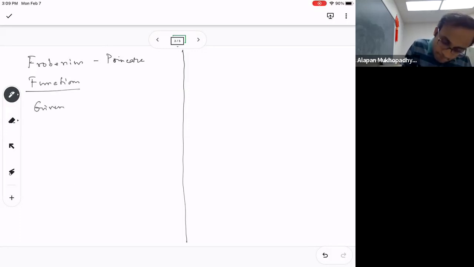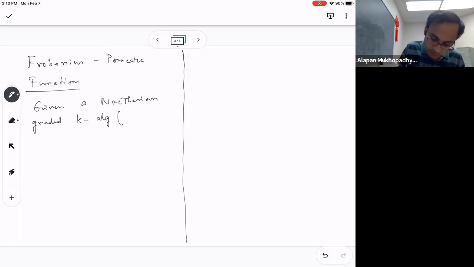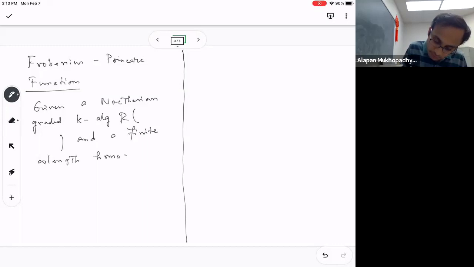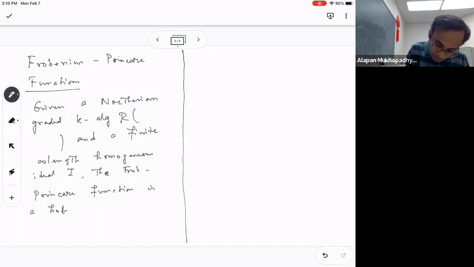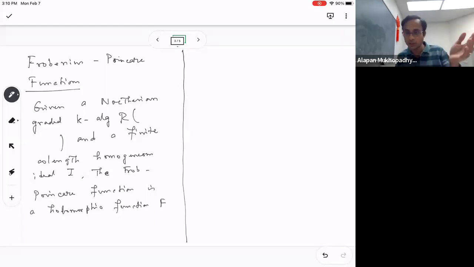So given a Noetherian graded K-algebra, I'll be precise what I mean by this, R, and a finite colength homogeneous ideal I, the Frobenius-Poincaré function is a holomorphic function F. And how does it relate to the usual Hilbert-Kunz multiplicity?